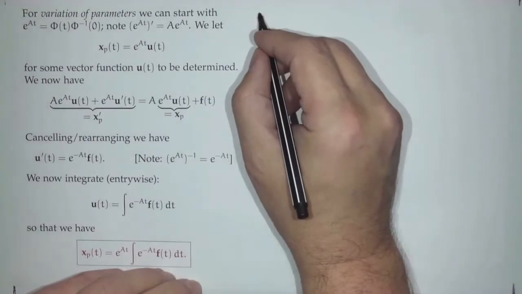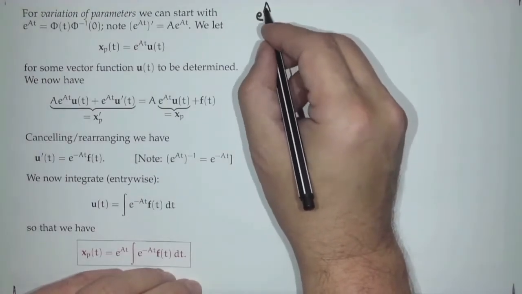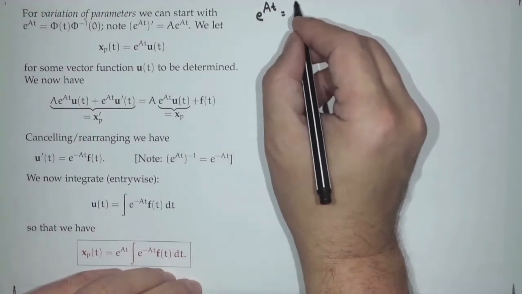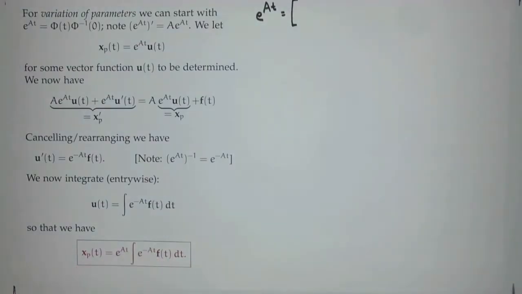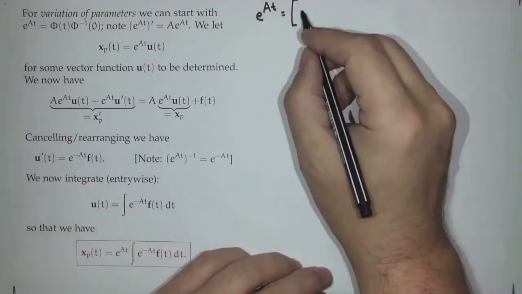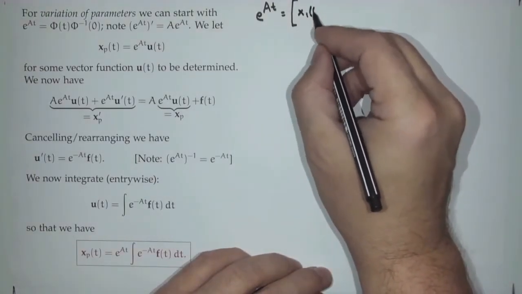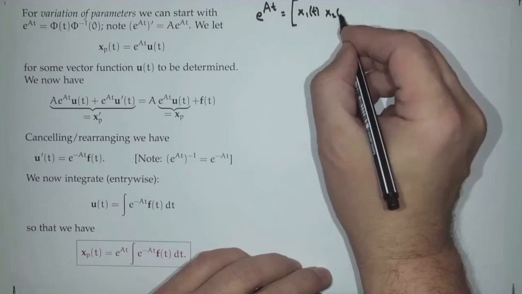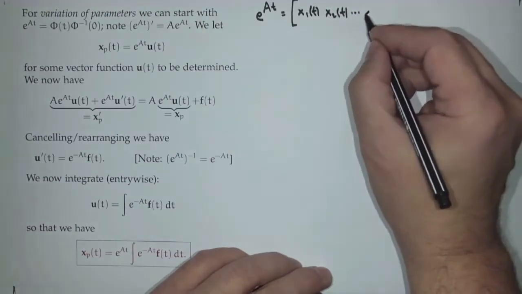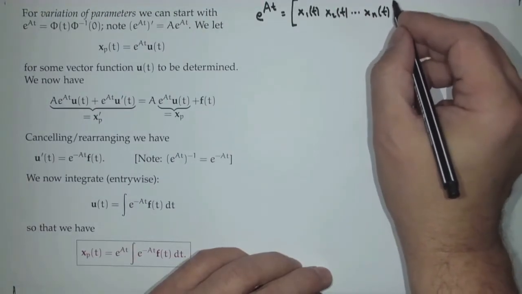It has some columns, x1 of t, x2 of t, and so forth, all the way to xn of t.